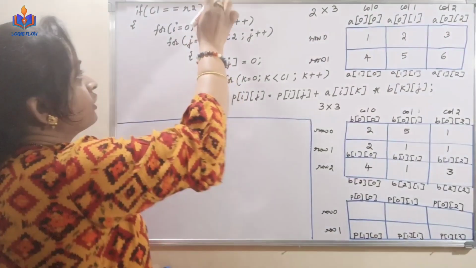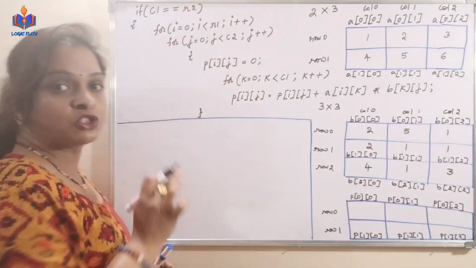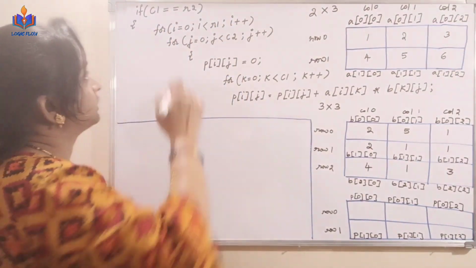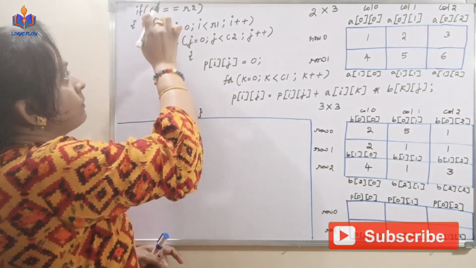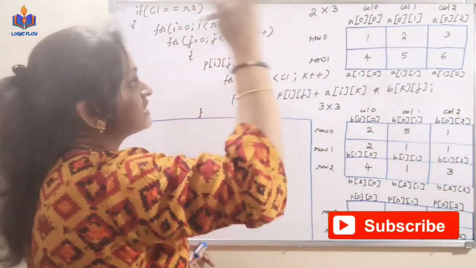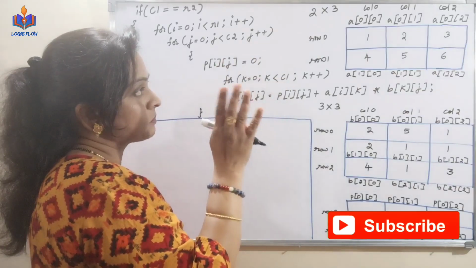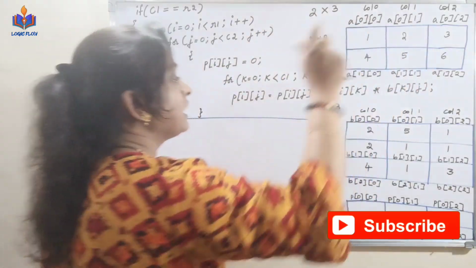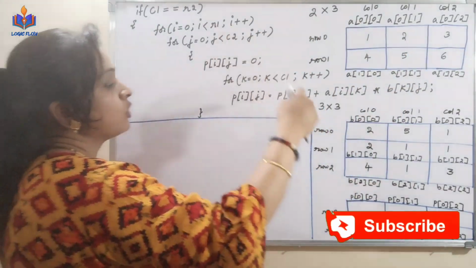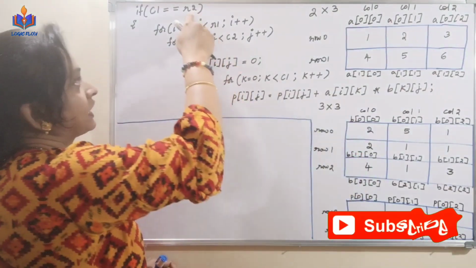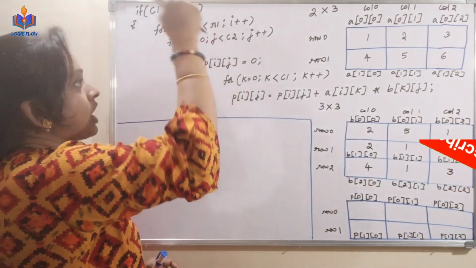Well, the first thing I do is check the compatibility, that is, whether the columns of the first matrix, C1, are equal to the rows of the second matrix, so C1 equals R2.